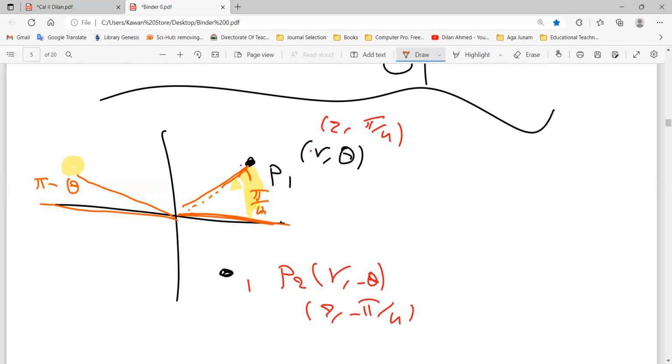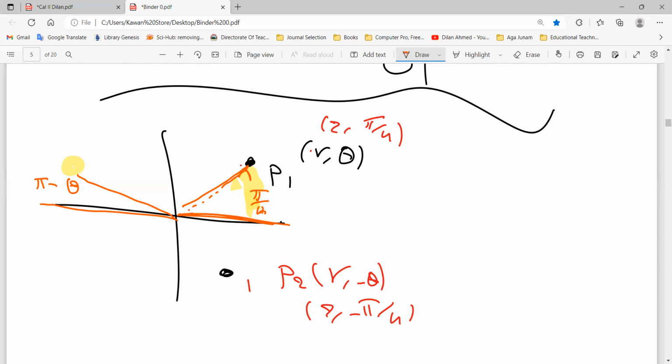So I say pi, just like that, pi minus pi over 4. Understood? You got the image? So I'm at the origin. This is pi over 4, yes, and that one is pi minus pi over 4.